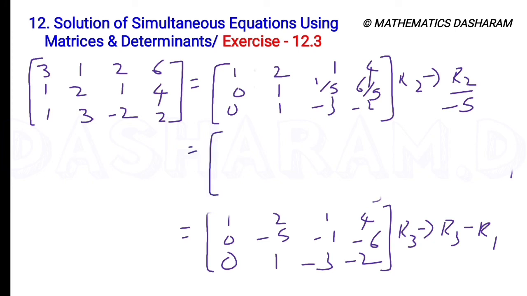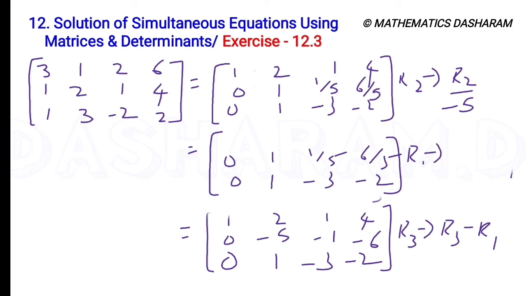So next we need 0 at this place. Okay, so that is why first I am writing the second and third row: 0, 1, 1 by 5, 6 by 5. Next 0, 1, minus 3, minus 2. Now replace R1 with R1 minus 2 into R2.